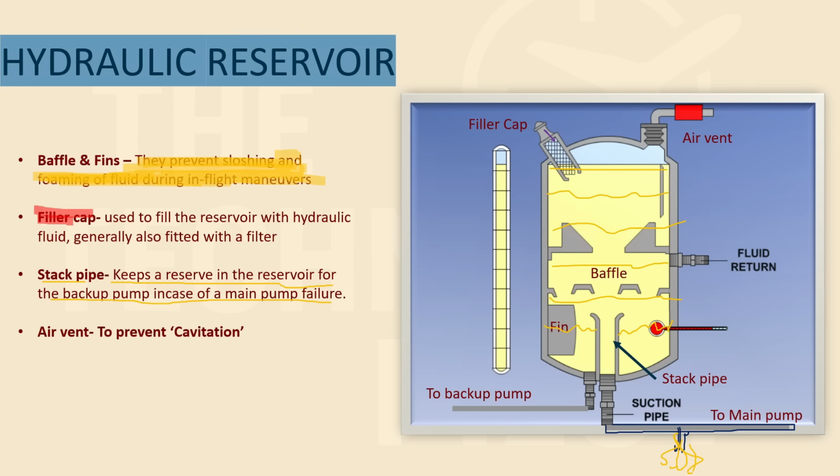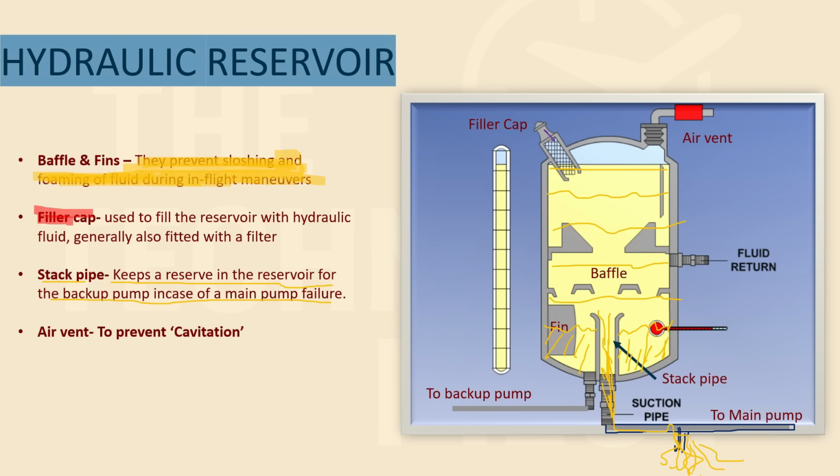So now what will happen is this pipeline would get empty, right? It will completely get empty because the fluid is being leaked out of here. But what will remain is this much amount of fluid that is here, in this portion.